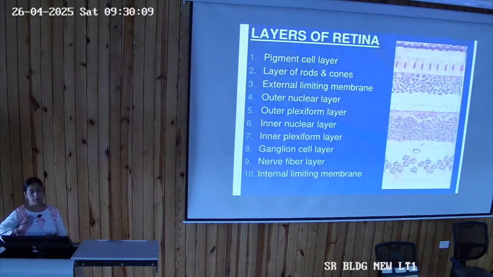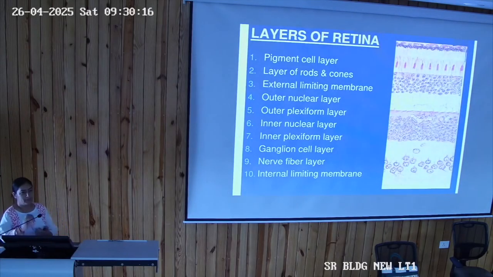Next, coming to the retina. So yesterday you all attended the UGCR, right? So what are the 10 layers that are present in the retina? Leave that also.